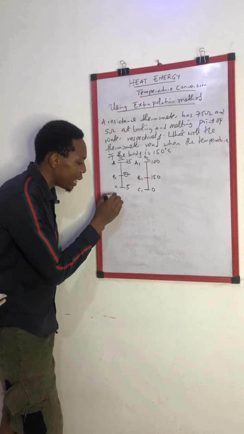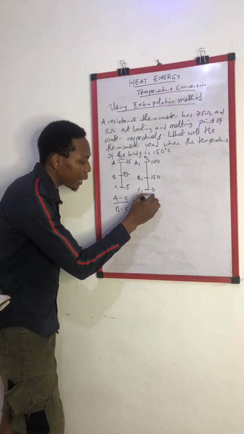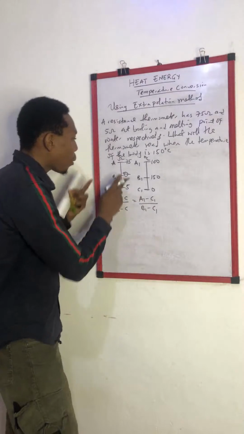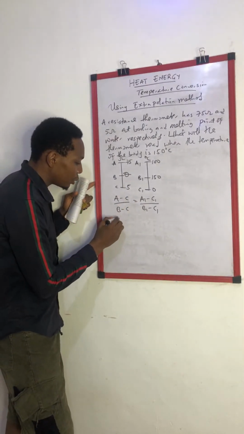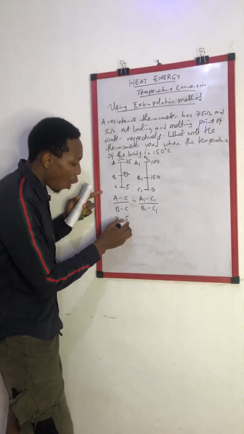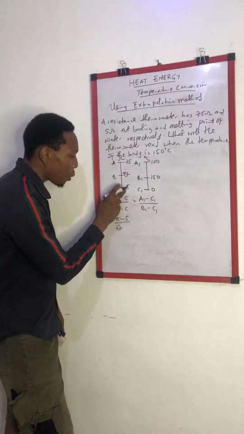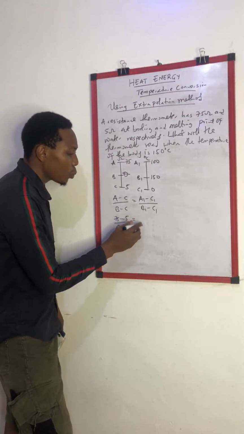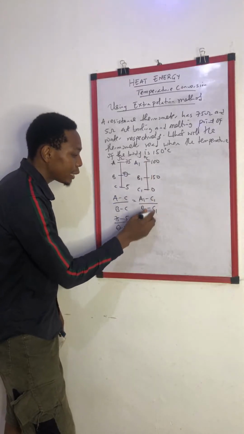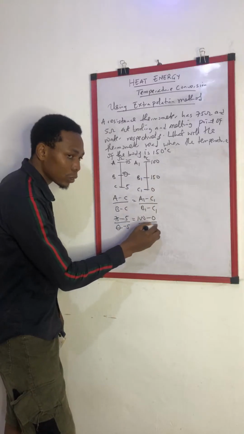Remember, the formula is A minus C over B minus C equals A1 minus C1 over B1 minus C1. So our A is 75, minus our C, which is 5, all over our B, which is theta, minus our C, which is 5, equals A1, which is 100, minus C1, which is 0, over B1, which is 150, minus 0.